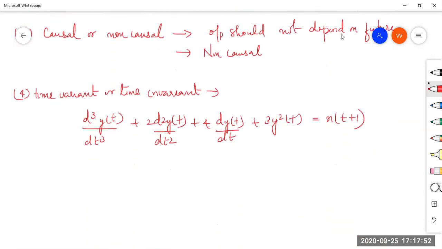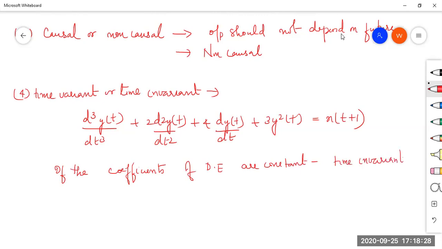So now we will see whether the system is time variant or time invariant. If you are provided with a differential equation and you have to check this, what we have to see is the coefficients of the differential equation. If the coefficients of the differential equation are constant, then the system is time invariant.